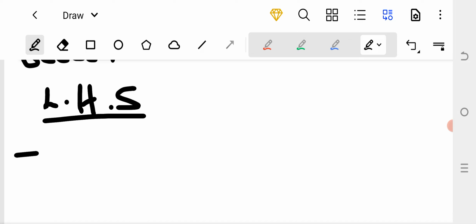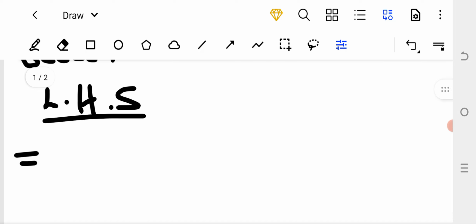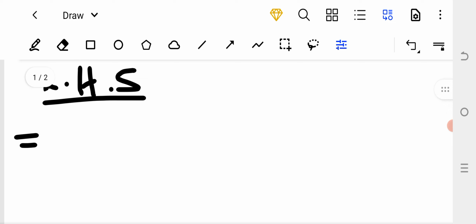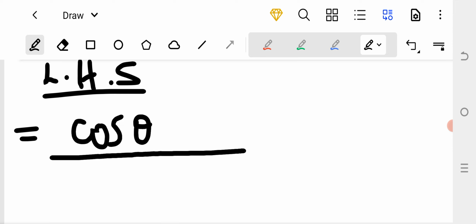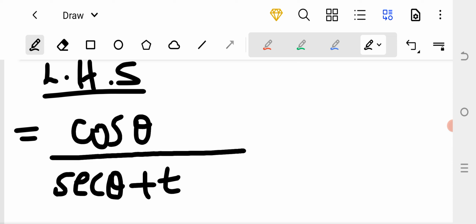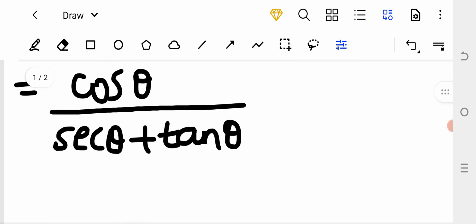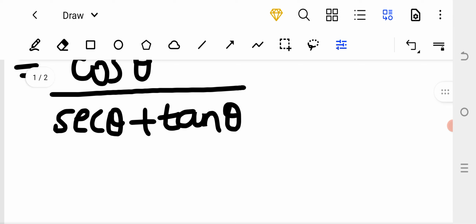So we say left hand side is equal to cos theta divided by sec theta plus tan theta.